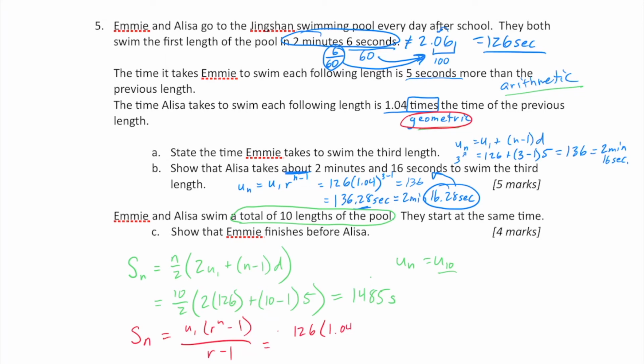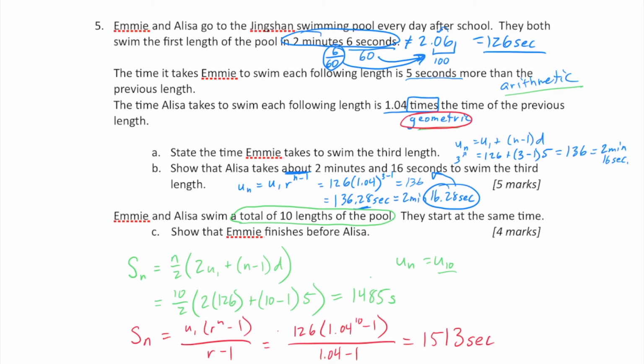We put in 126, then r to the n, which would be 1.04 to the 10th power minus 1, all over r, which is 1.04 minus 1. We put all that together, and her time would be about 1513 seconds. So this is a little bit more.